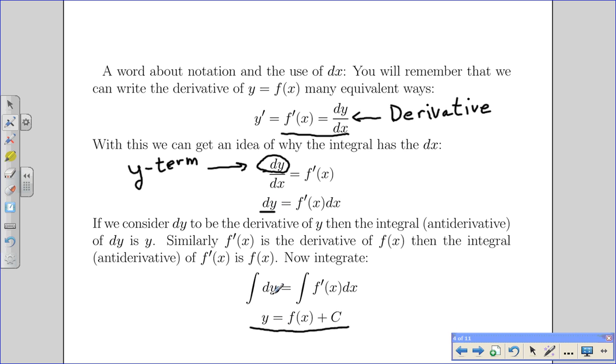So the integral of dy is y, and the integral of f prime of x dx is f of x. And of course, don't forget your plus c. So dx for us right now shows up because our derivative was dy dx. And the integral of the dy became y, and the dx was associated with the x part of the equation.